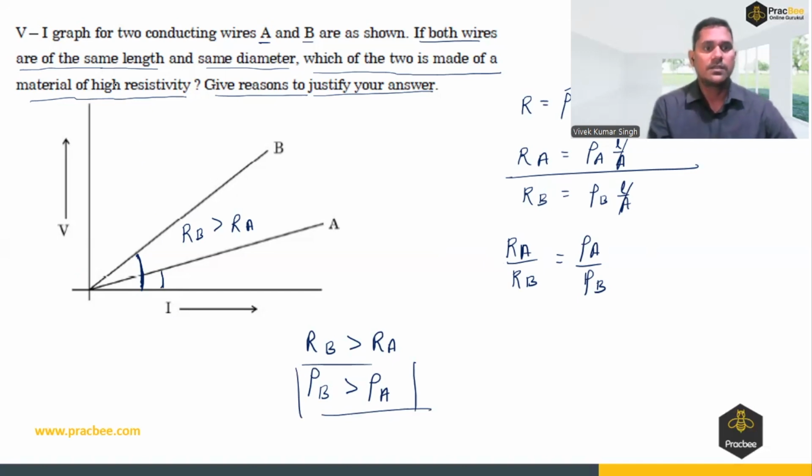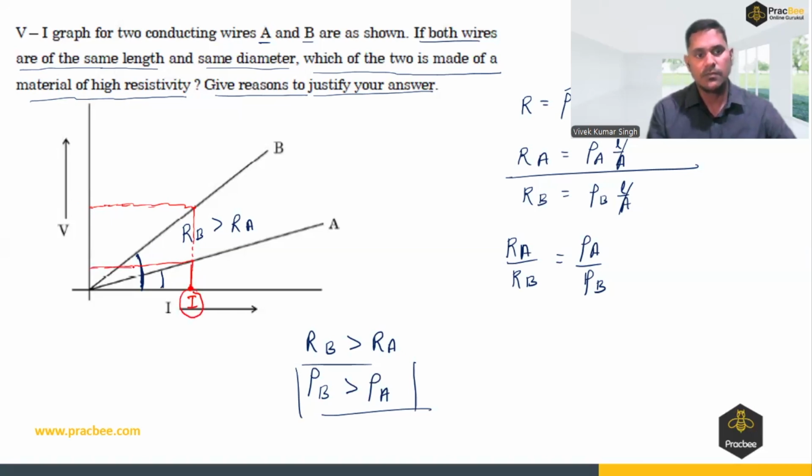All right. This can also be verified by taking some values. Let's suppose I'm taking a random value of I. For this, the voltage of the first one is smaller and the voltage of the second one is larger. It means for the larger voltage through B, we are getting this much amount of current.